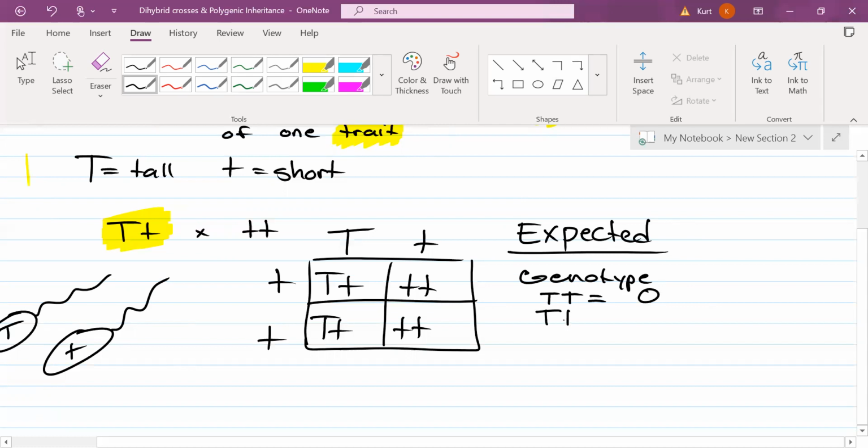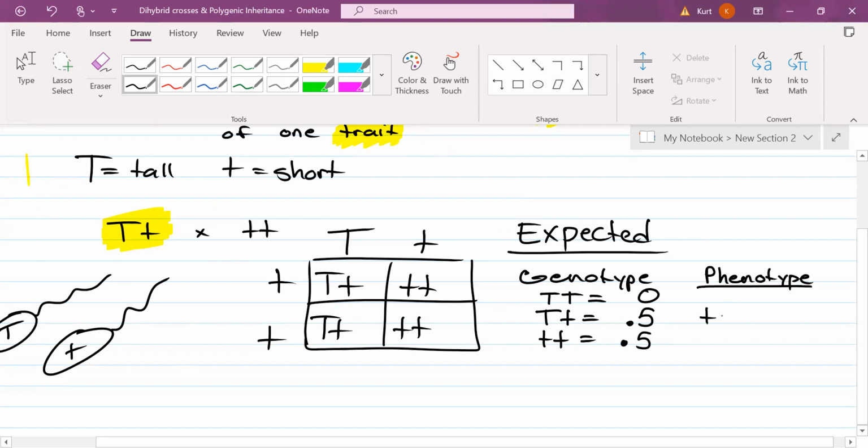Natalie, what % will be heterozygous? 0.5. And Tanae, what % will be homozygous recessive? 0.5, okay? That's genotype.